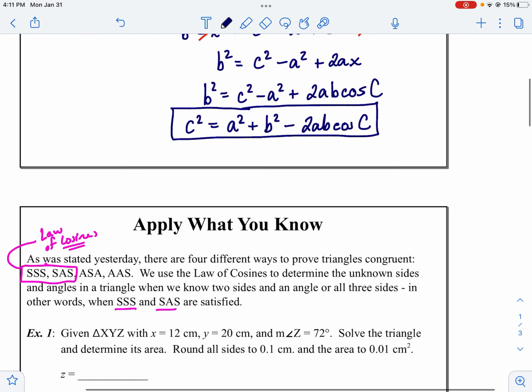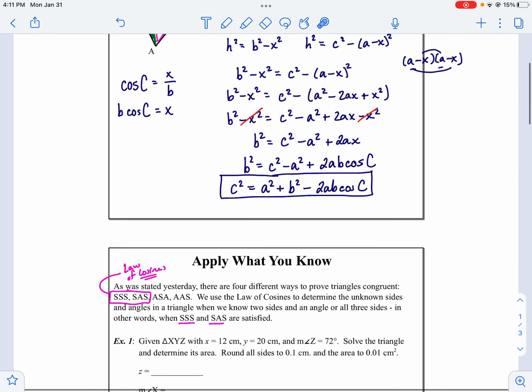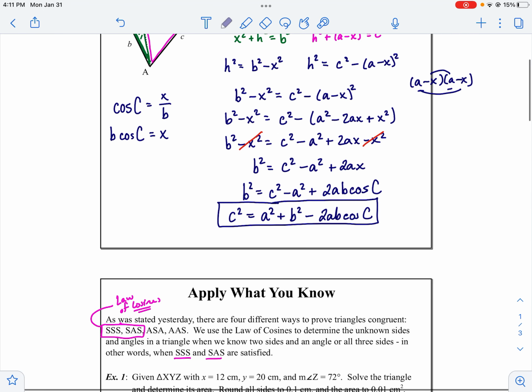And so this is why I call it the Pythagorean theorem on steroids, because if you look, c squared equals a squared plus b squared. That is the Pythagorean theorem, right? And then it's just got this little bit of extra juice right here that allows me to deal with what if it's not a right triangle. So as a matter of fact, notice what happens if C was a right angle.